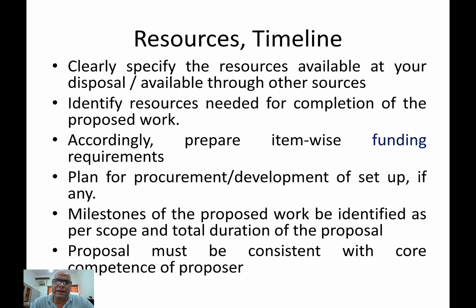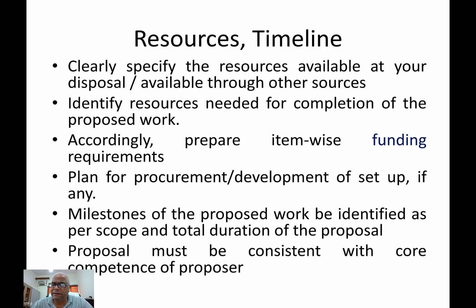That has to be clearly identified, and based on this, prepare the item wise funding requirement. If we are writing a sponsored project, then clearly identify how much money is needed for the manpower in form of senior research fellow, junior research fellow, or research associate. Then what is the kind of funding needed for the one or two equipments.